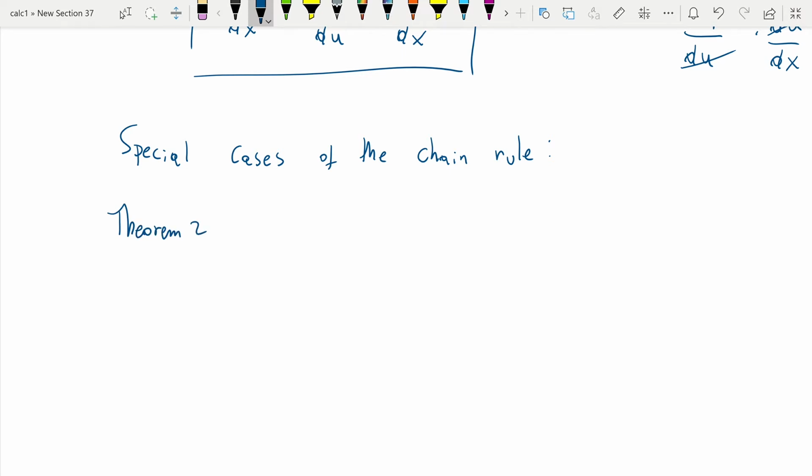This is theorem 2, and these are the general power and exponential rules. First property here, and we're going to use Leibniz notation.